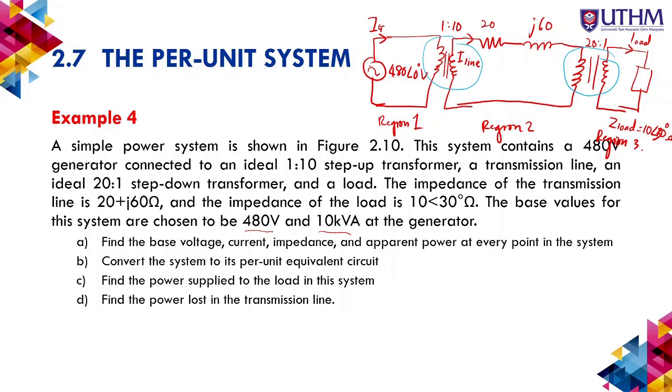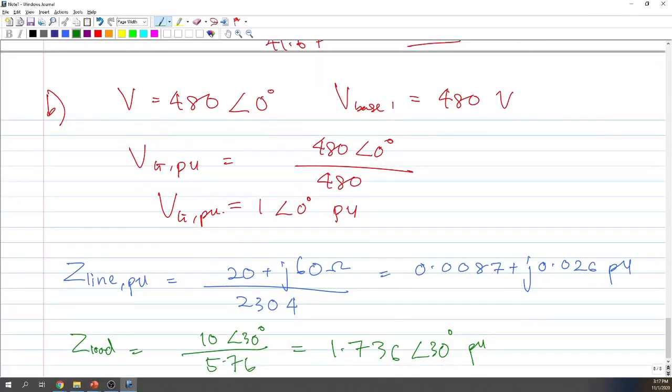Okay, so apa yang kita boleh buat sekarang ni adalah, ini kita nak cari I kan. Okay, nak cari I. So the current flowing in this per unit system.